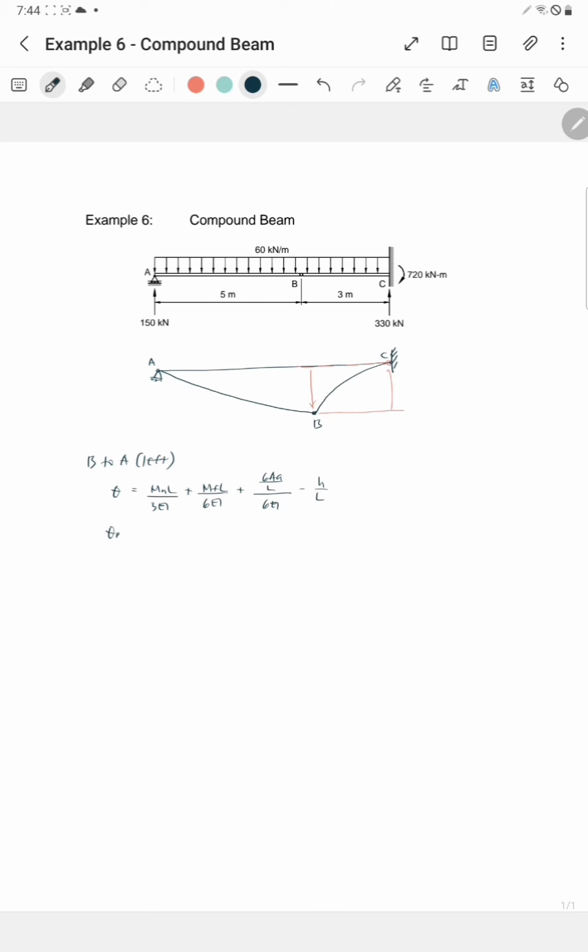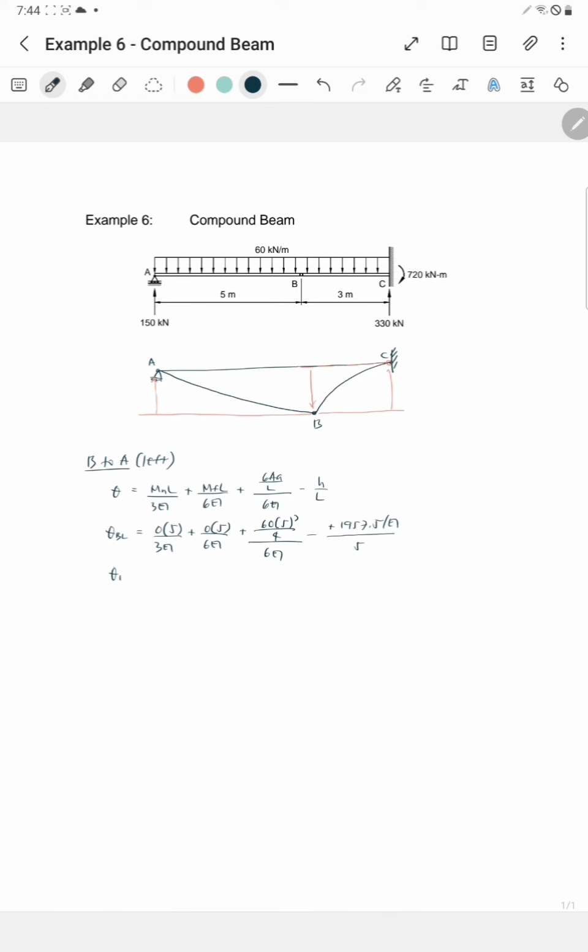So theta B left is equal to moment near, the moment at B, 0, the length is the distance from B to A, 5, over 3EI, plus moment far, the moment at A, 0, length is 5 over 6EI, then plus the load from B to A, which is a uniformly distributed load, and the formula for 6A over L is WL cubed over 4, then over 6EI minus H over L. So for H, we make a horizontal line from B to A and measure the vertical distance towards A. So the direction is upward, positive, and the vertical distance at A is equal to the deflection at B, 1957.5 over EI.